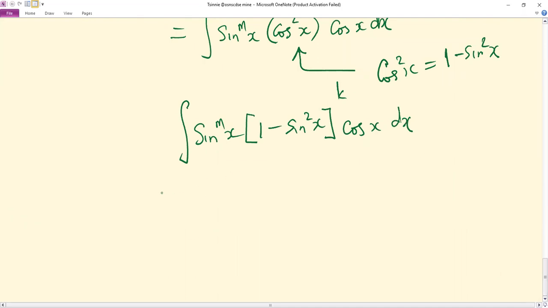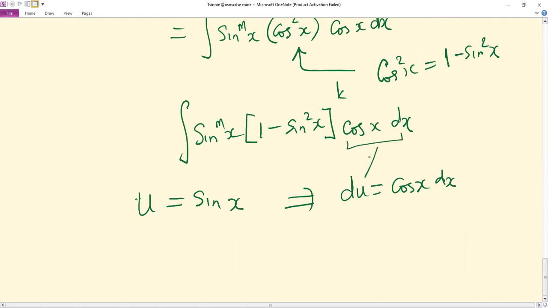So you will say we make a substitution, let u be sine of x, which means du will be cosine of x dx. So this place will be the same as du.